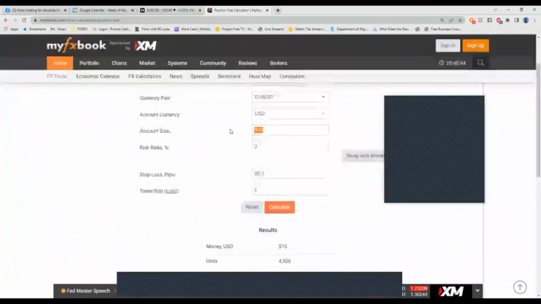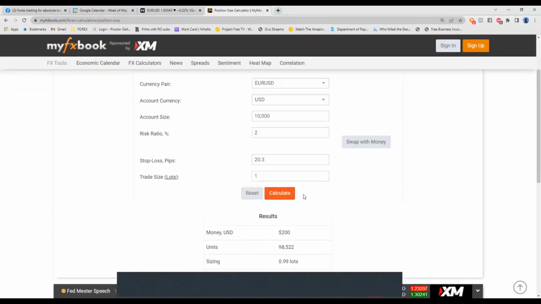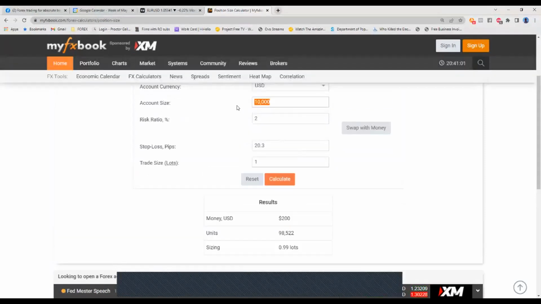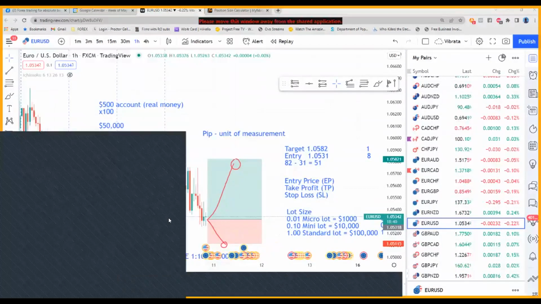Think about it. If I had a $10,000 account and I wanted to risk 2% of that, leaving everything the same, I'm now risking $200, which is 2% of 10,000. I'm trading at practically one standard lot, 1.00, and $200 is what I plan on risking.